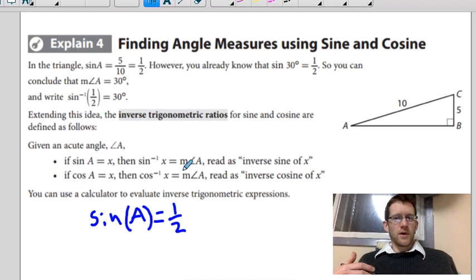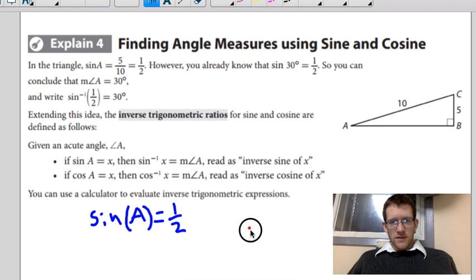It's like wanting to divide by square root because I'm multiplying by square root. You can't divide by square root. You take the square root of something. Same deal here. It's the sine of angle A. It's not angle A times sine. So we can't just divide both sides by sine, but we do have an opposite function of the sine.